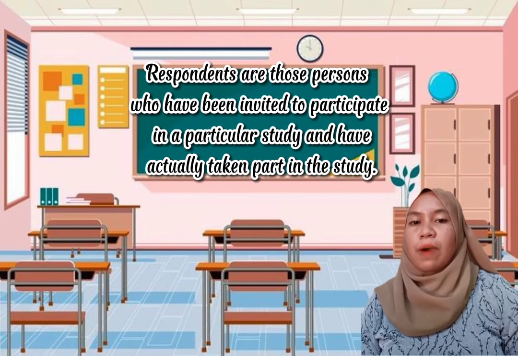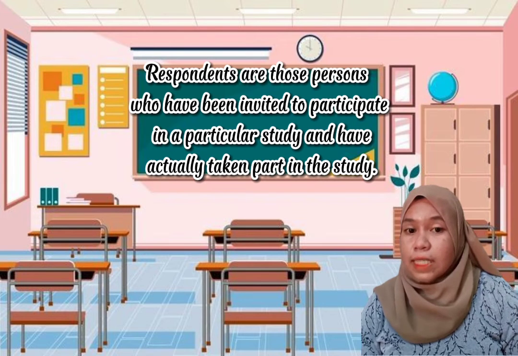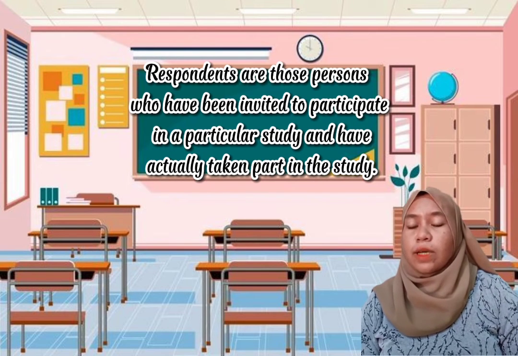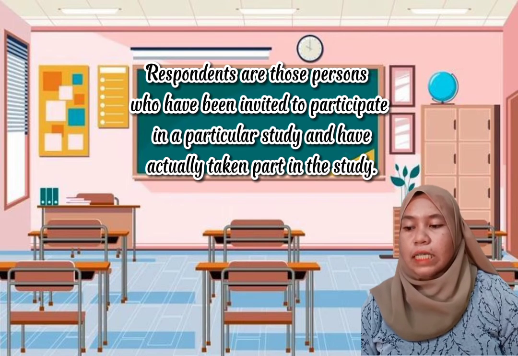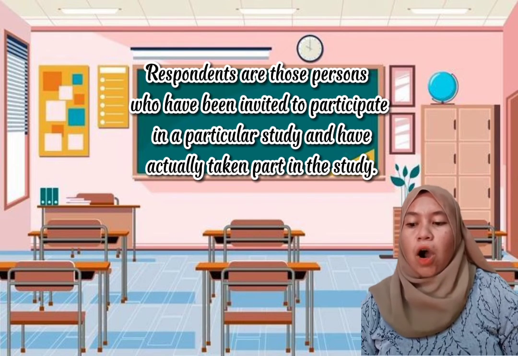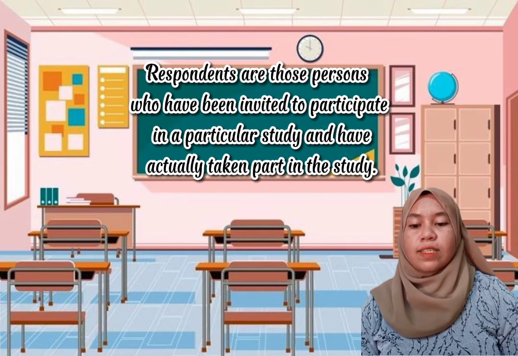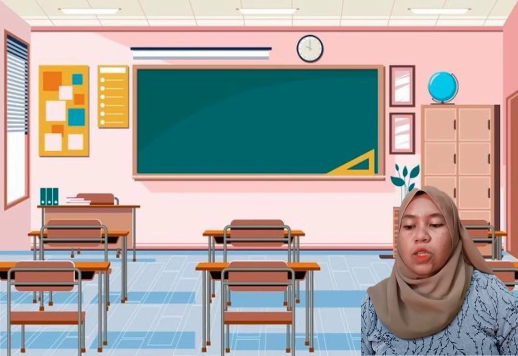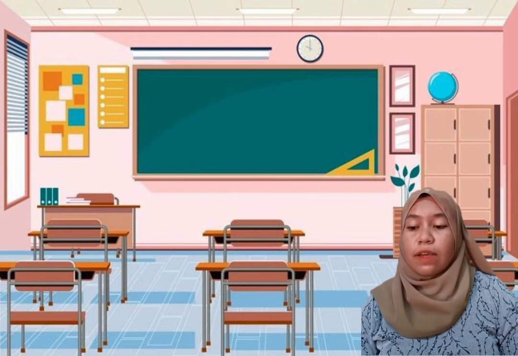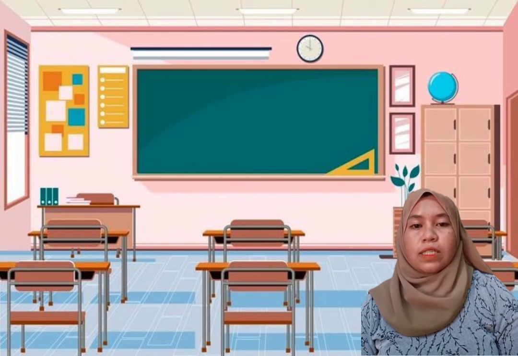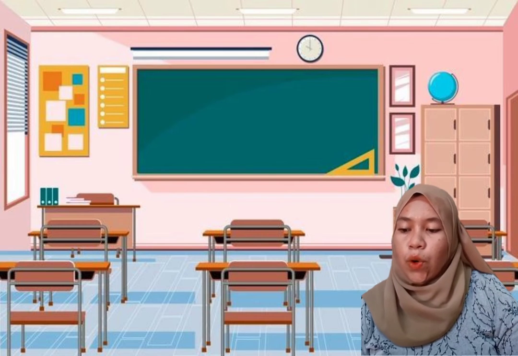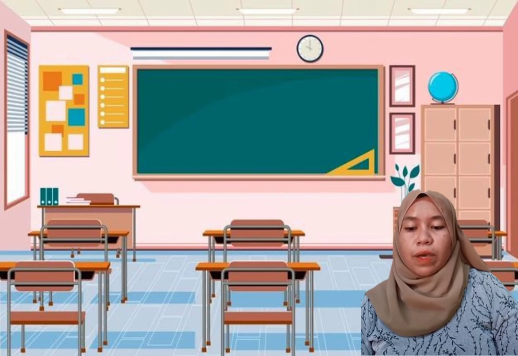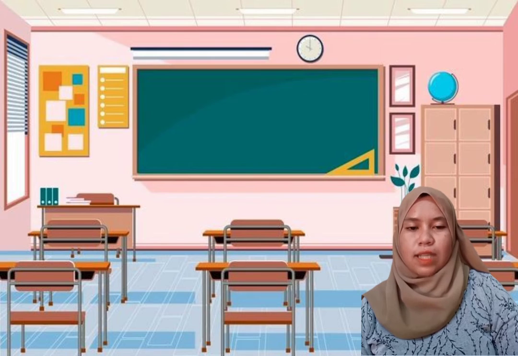So next is respondents or participants of the study. So the respondent is the one who is willing to answer questions, and participants are those who join or are willing to be part of the study as a subject, and those individuals who complete a survey or interview for the researcher, or who provide data to be analyzed for the research study.